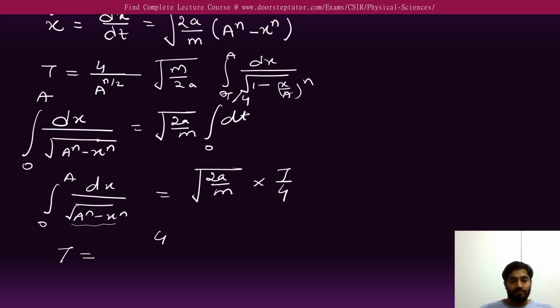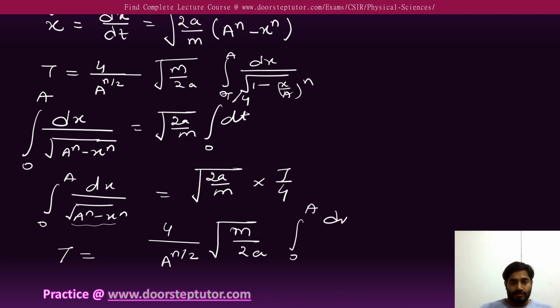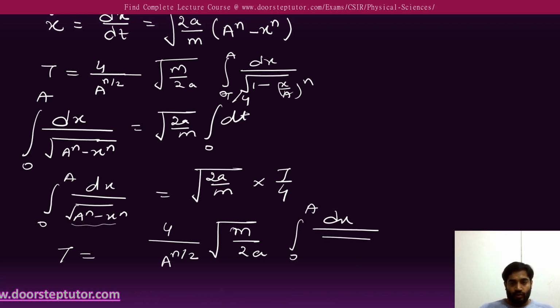If I take a to the power n common and adjust this, I get 4 over a to the power n by 2, times root of m over 2a, integral from 0 to a of dx over root of 1 minus (x by a) to the power n. This is what we got.